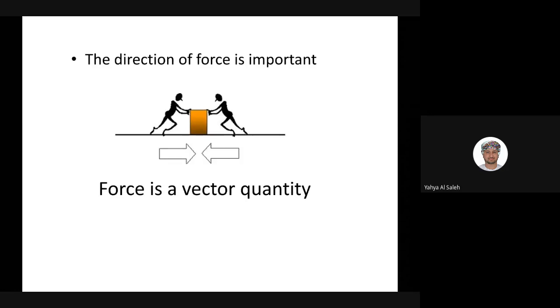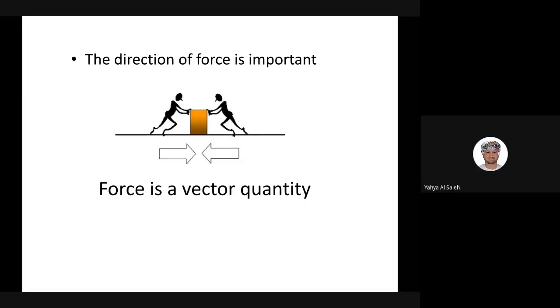If we have this box and we have these two people and they're pushing it from opposite directions, what's going to happen to the box? Doesn't move. Okay, doesn't move. Does it always not move? No. If the forces are equal, it doesn't move.